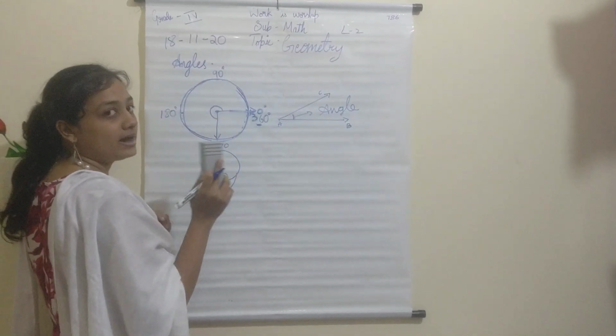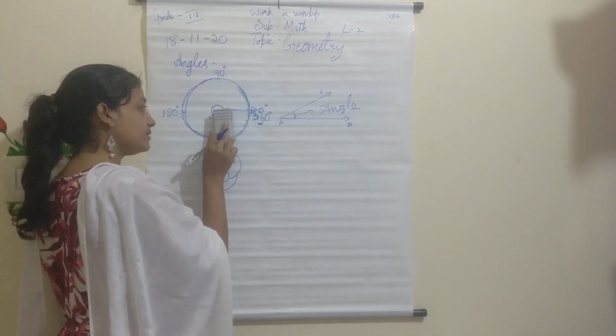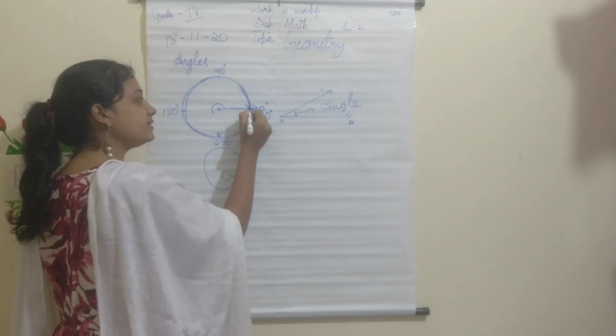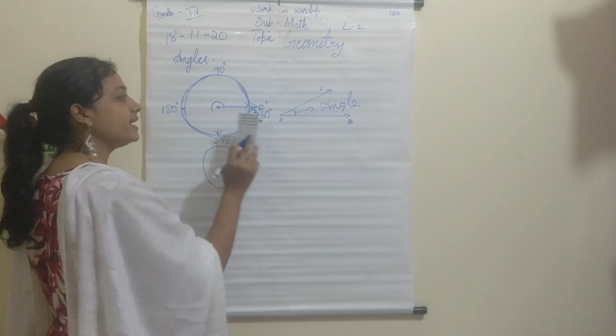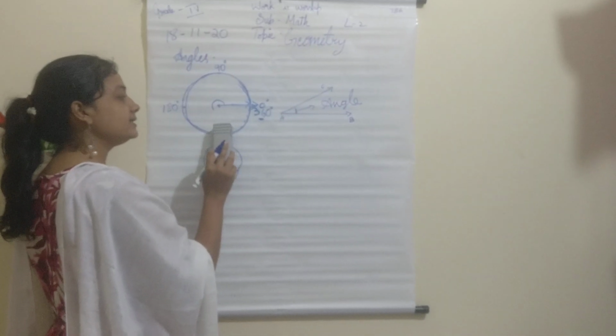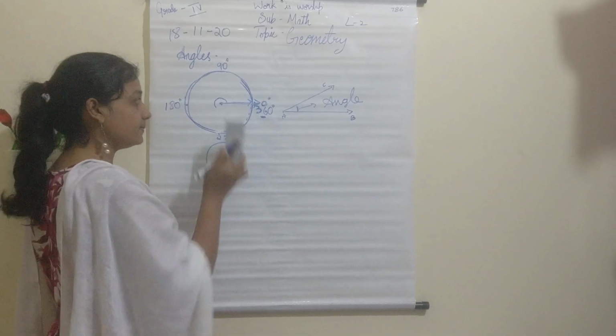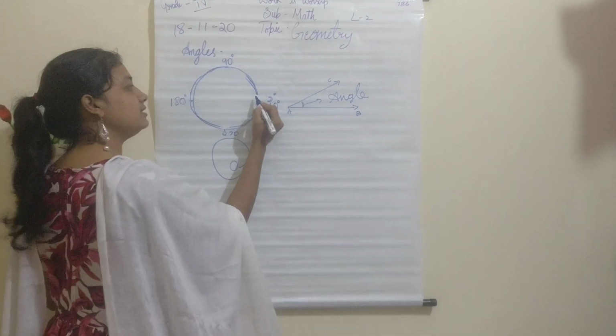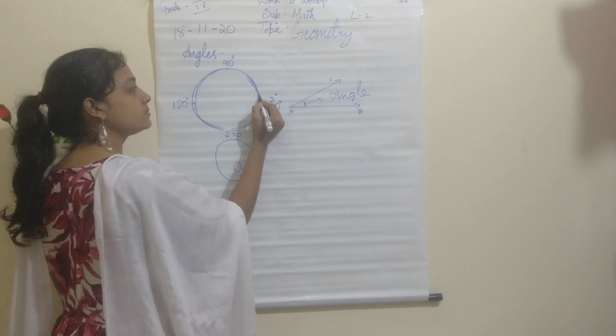And as I told already, when the ray comes back to the starting point here, then it means it has completed 360 degree. So now you understood about these angles and how the ray moves.